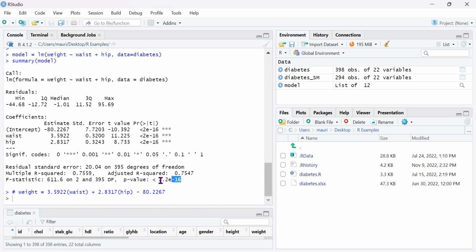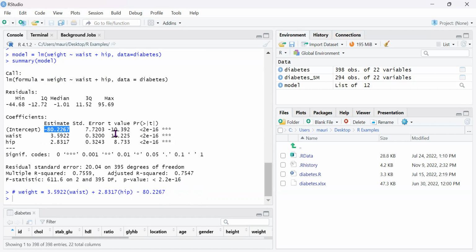Remember, the p-value here tells you that the R-square value is significantly different from zero. And what do all these individual lines mean? It is actually testing individual coefficients. Your y-intercept beta 0 is minus 80.2.